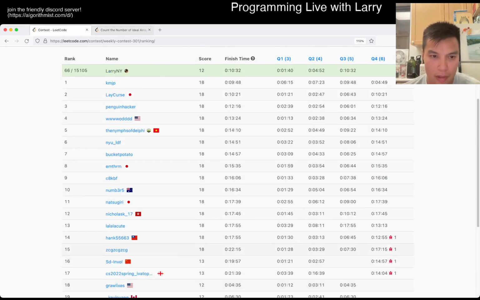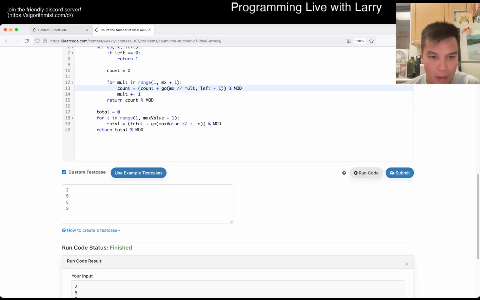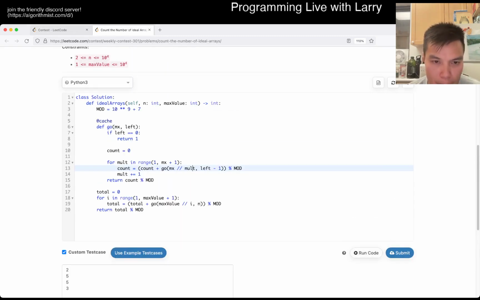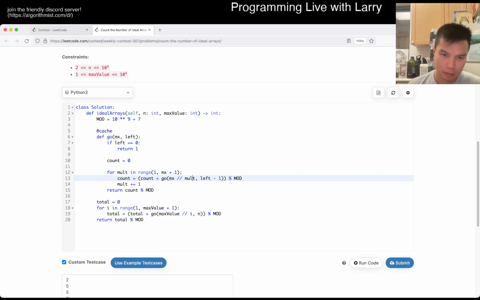Well, a lot of people got this one. I do not know how to do this one. Okay, what does that mean, right? So max value, let's say it's 10. 10 and 2, 6, right?